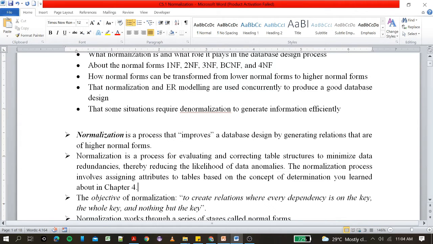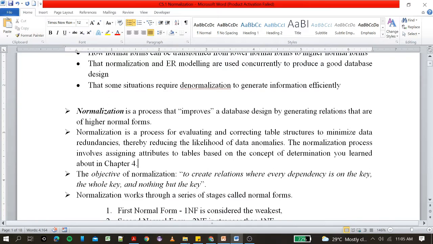So sa chapter 4, pinag-aralan natin yung about data model and ERD. So i-apply natin yung mga napag-aralan natin on how we determine the attributes, the relationship of the entities, and those entities that represent a particular relation or table in the normalization process.